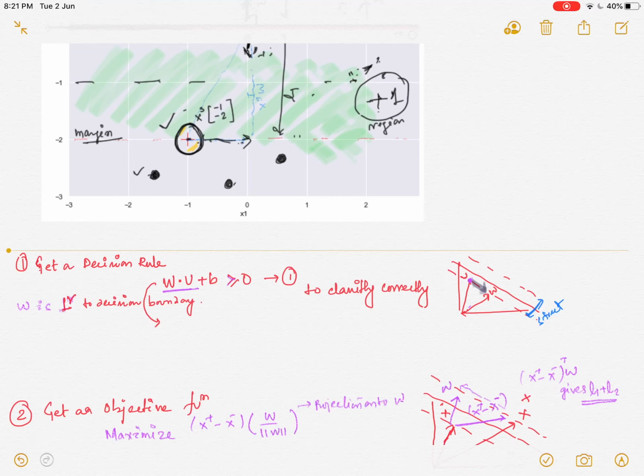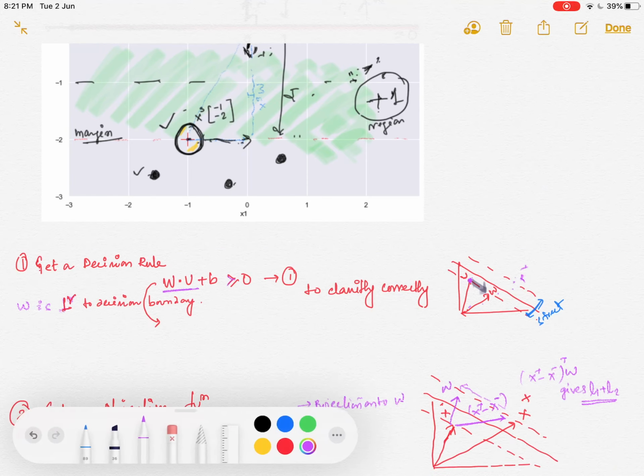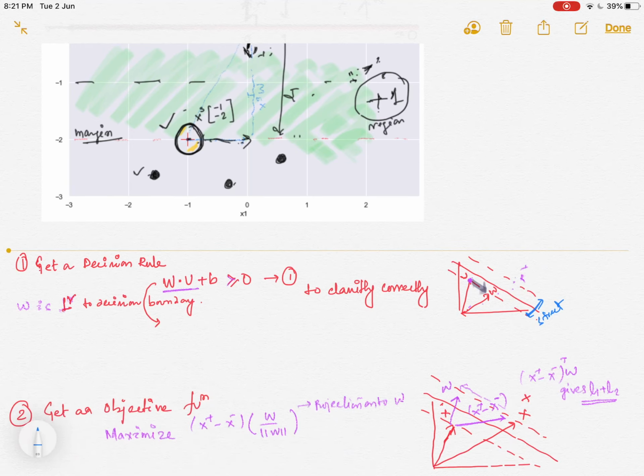But in this case, say there are a few positive points over here, and a few negative points. Then we can write w dot x plus b to be greater than or equal to 1, and w dot x minus plus b to be less than or equal to -1.